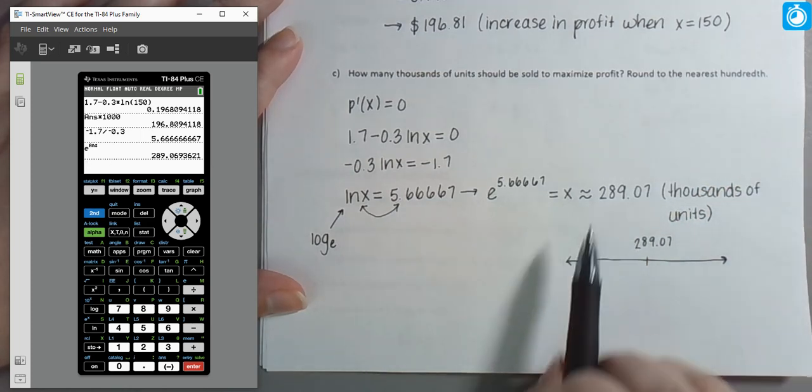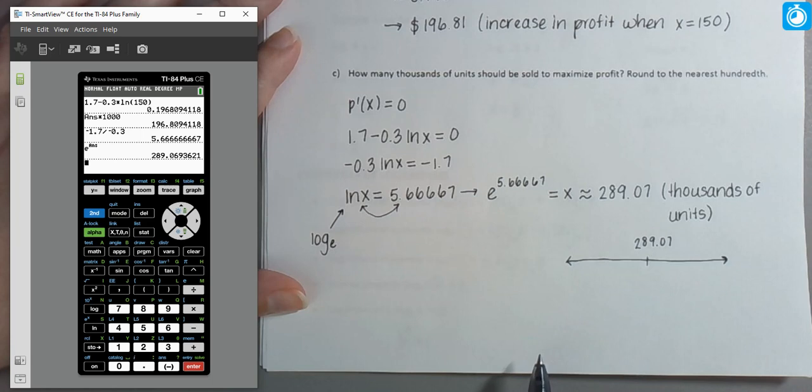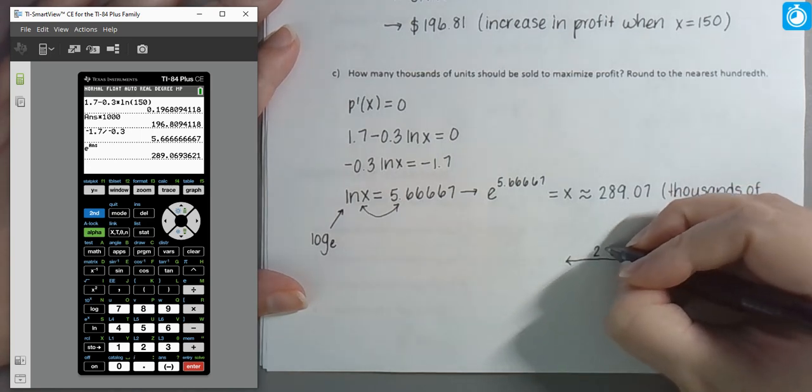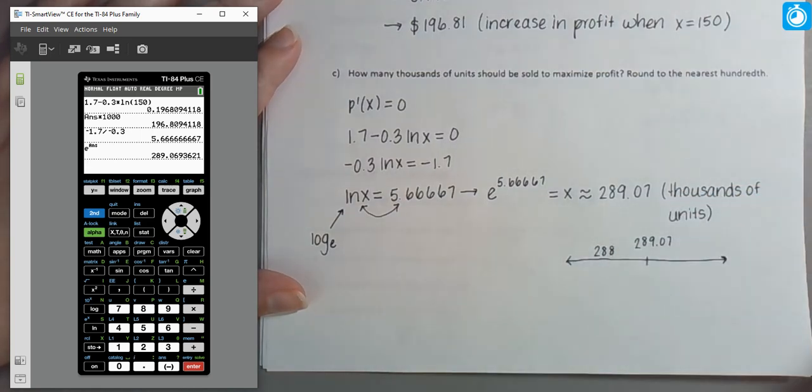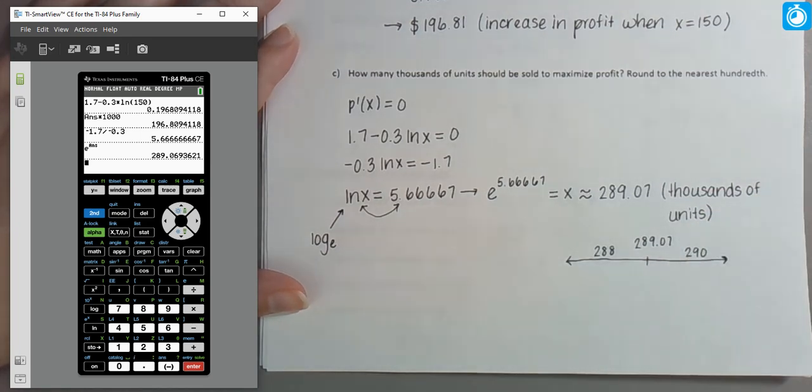We want to know what's happening to the left of that critical value, what's happening to the right. So pick a value less than 289.07, pick a value larger. They can be a lot smaller or a lot larger, it doesn't matter. So I'm going to pick 288, something close but smaller, and then I'm going to pick 290 for when I'm above that.